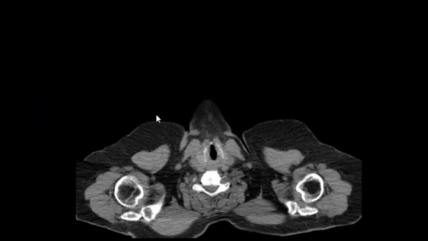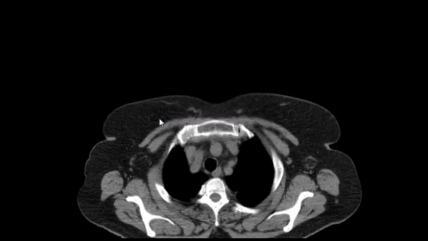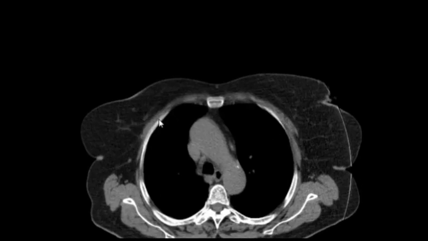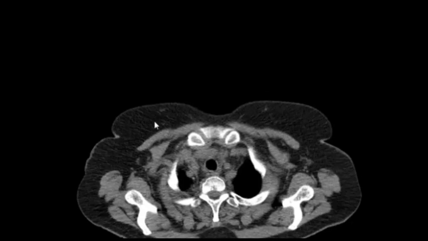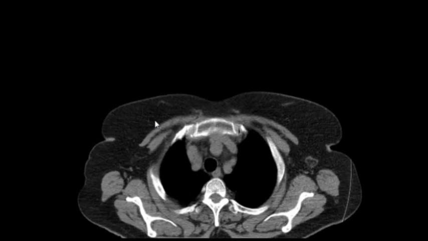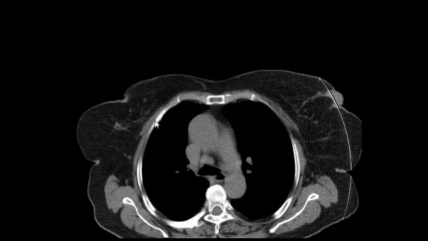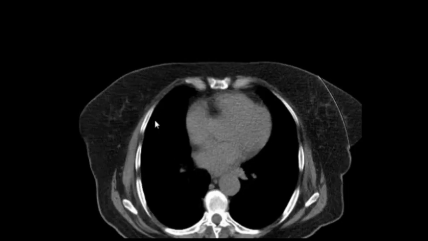I'm presented with an axial CT scan of the chest, native study. Mediastinal window.